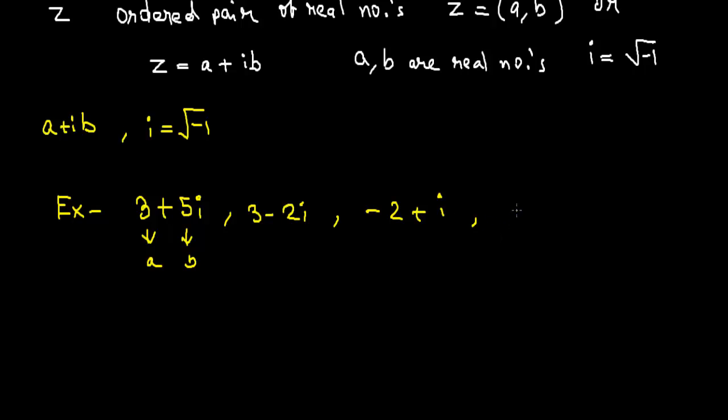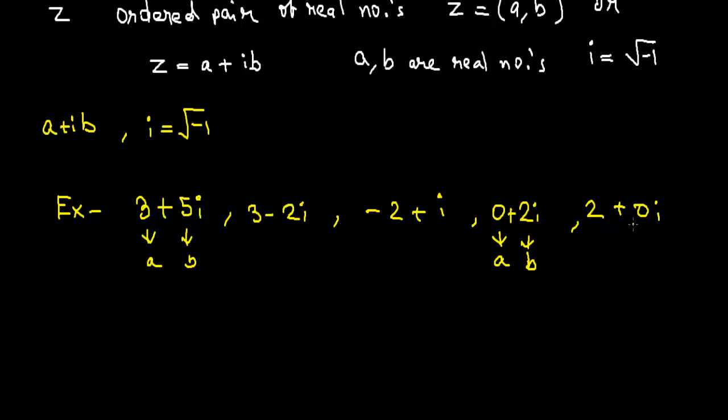And suppose we do not have the real part, suppose we only have 2i. This represents 0 plus 2i. Here A is 0. Similarly, 2 is also a complex number, because it is 2 plus 0 times iota.